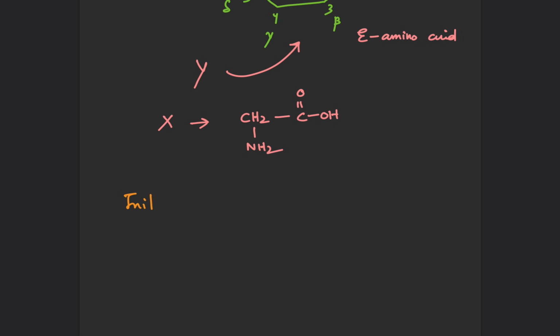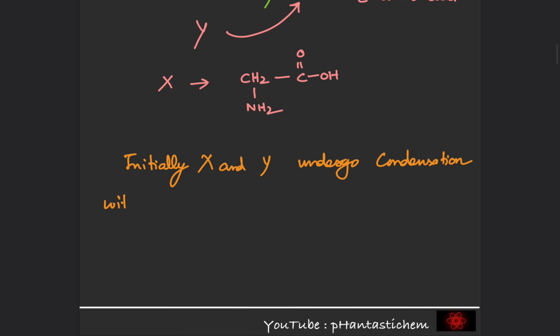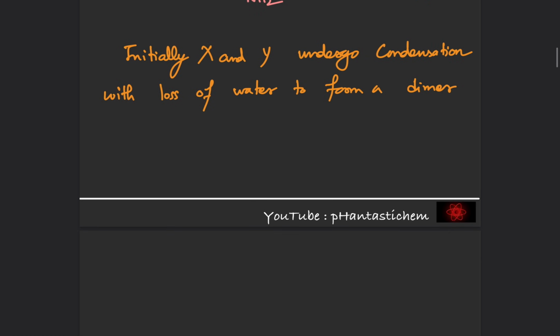Initially X and Y undergo condensation with loss of water to form a dimer. That is with respect to reaction, C double bond O, OH, 1, 2, 3, 4, 5, and NH.